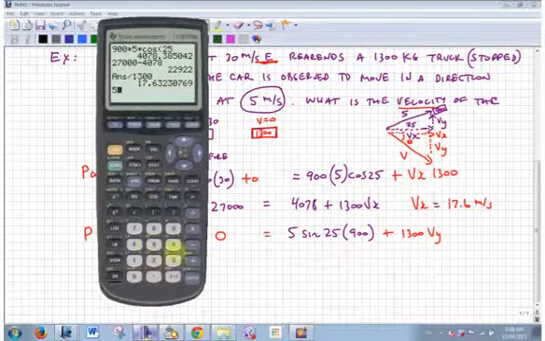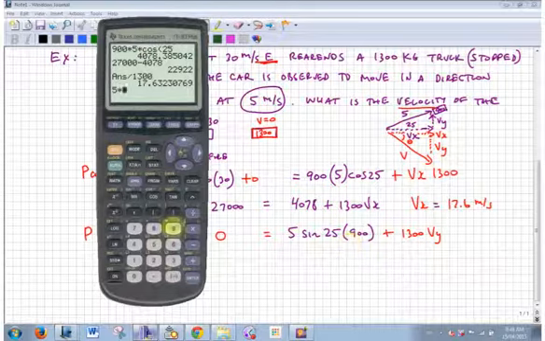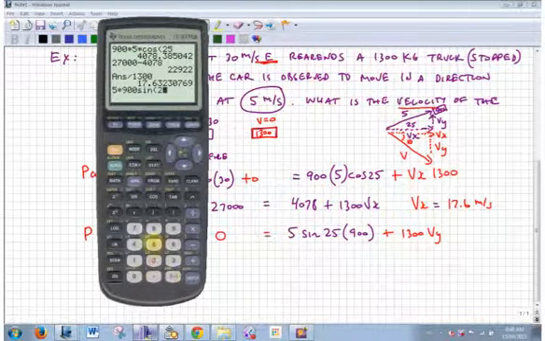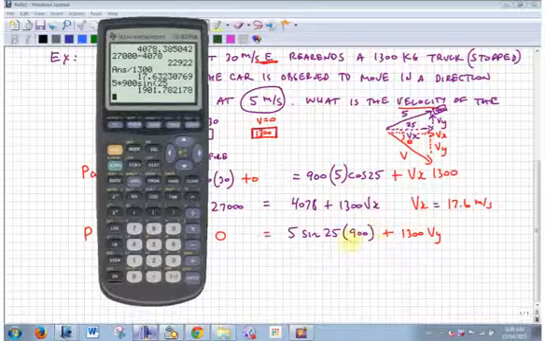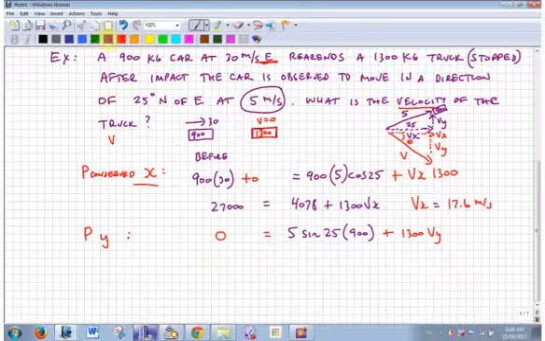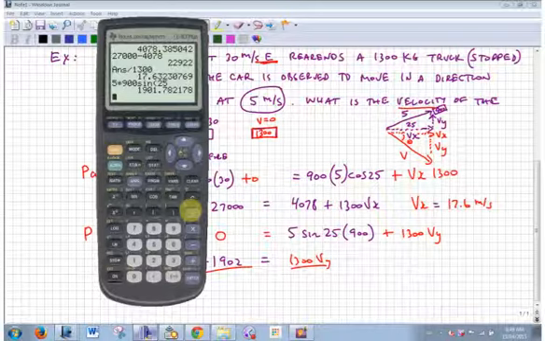So 5 times 900 times sine 25 is 1902, and I'm going to bring that over to this side. So that's negative equals 1,300 Vy divided by 1,300. So I'll divide by negative 1,300, okay?